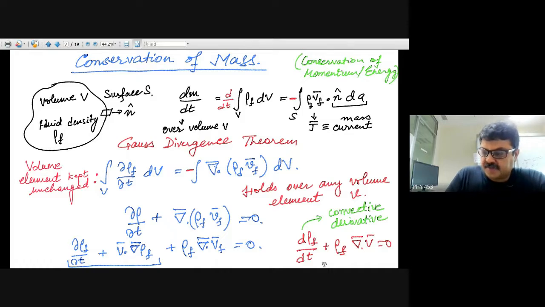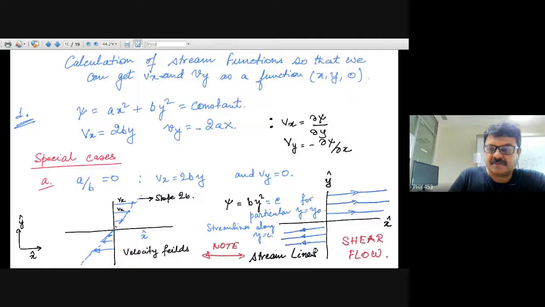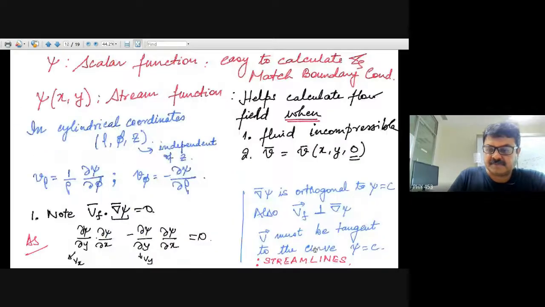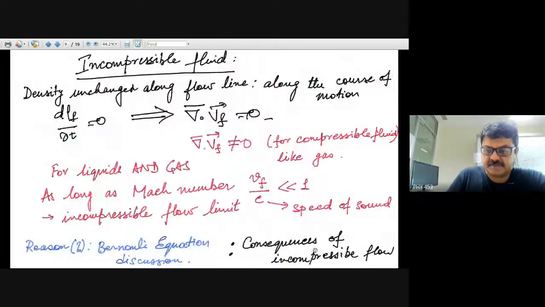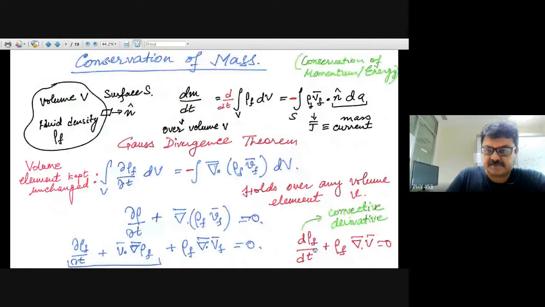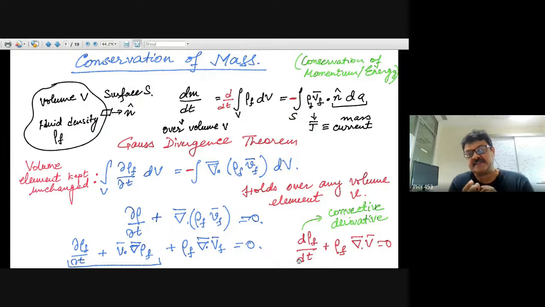However, as the fluid moves, if the density of the fluid doesn't change over the fluid element, then this convective derivative term is 0. So basically the density of the fluid is constant as a function of time.